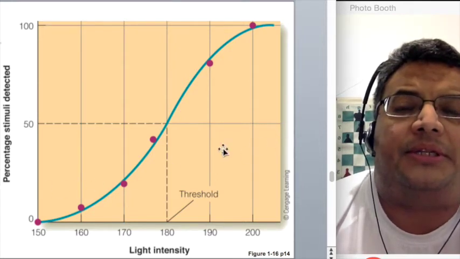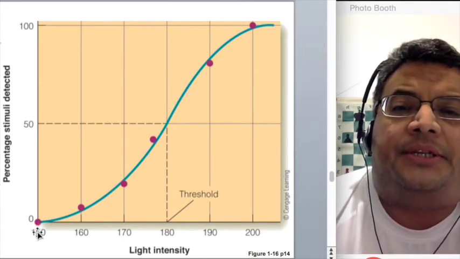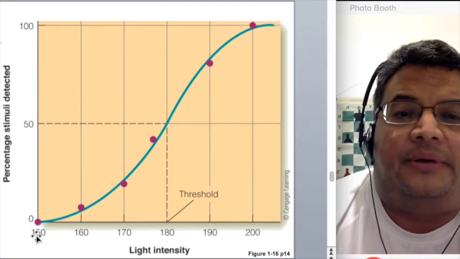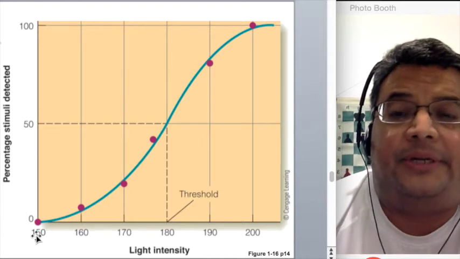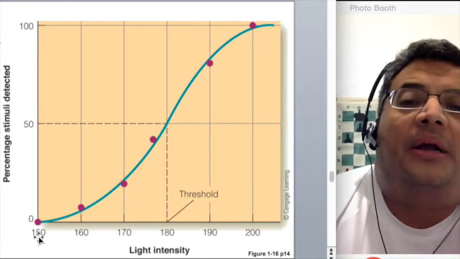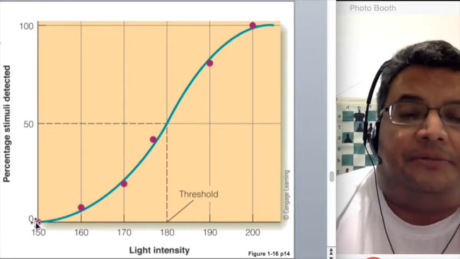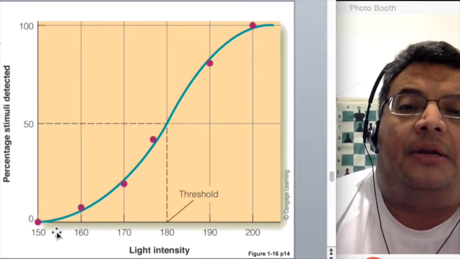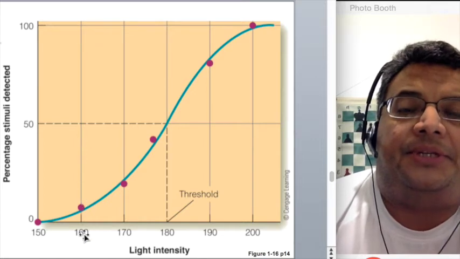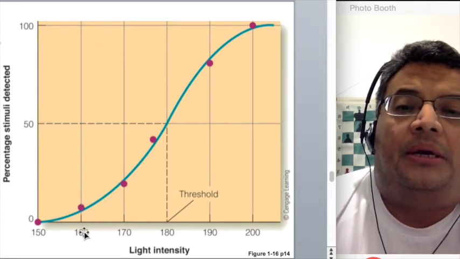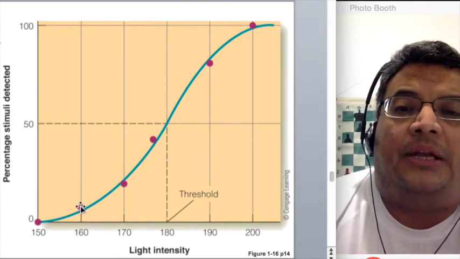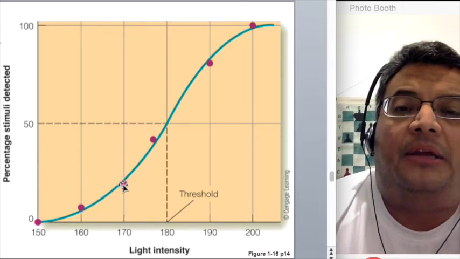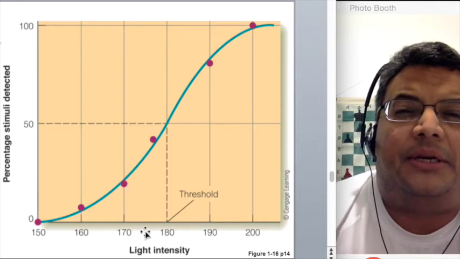So across this test, when the light is at 150, whatever this measure is, nobody sees it. Basically 0% of the stimuli are detected. At 160, you can only detect it correctly about 10% of the time. At 170, you're hitting about 20% of the time.